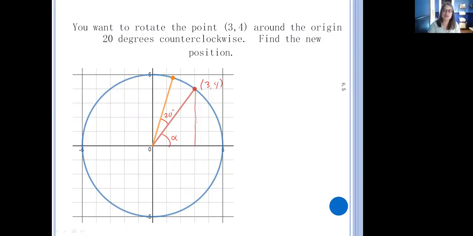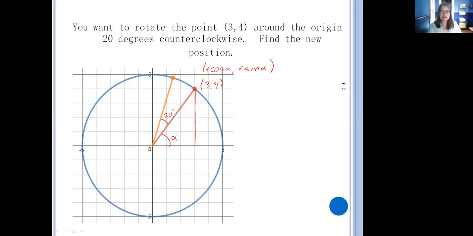And how do we do that? Well, remember that if I've got a circle centered at the origin, the coordinates of any point on the circle are equal to r cosine alpha, comma, r sine alpha. So the x-coordinate gives me the cosine of this angle, the y-coordinate gives me the sine of this angle.